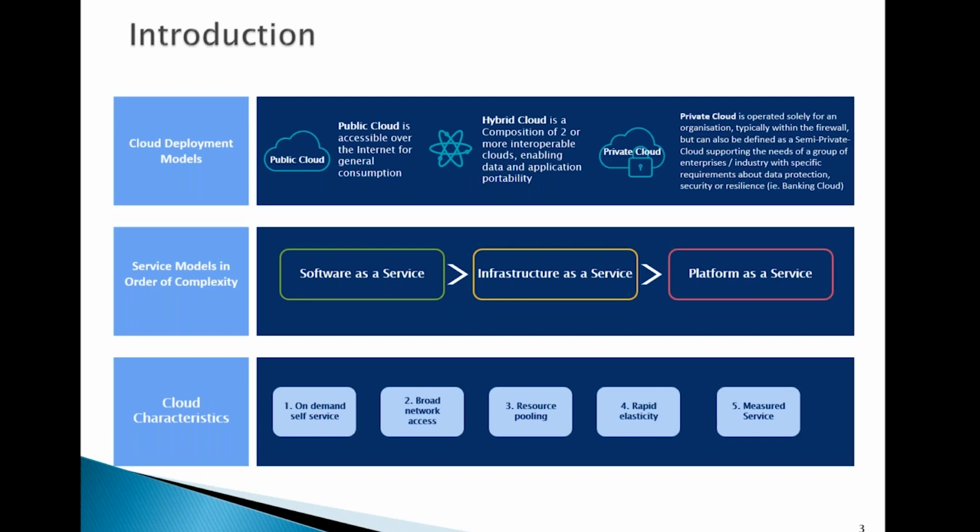A community cloud is either a public cloud or a private cloud, but shared by an industry group. For example, there's a banking cloud. And also there's a hybrid cloud, which is a mixture of private and public cloud, where they want to make the best use of different cloud abilities.